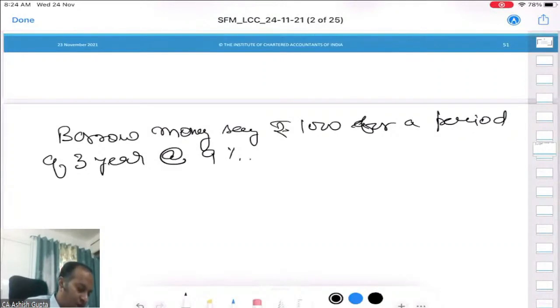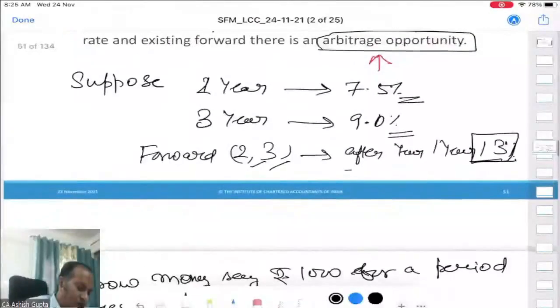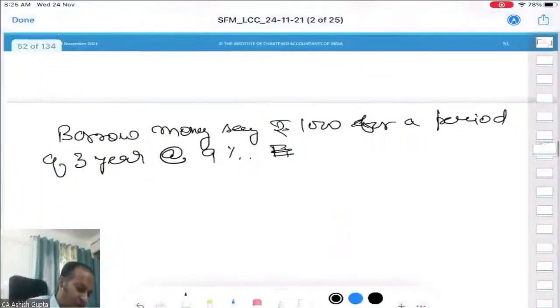Now, student, let us see how we can make a profit and how we will do the reverse calculation. First of all, borrow the money for 3 years.